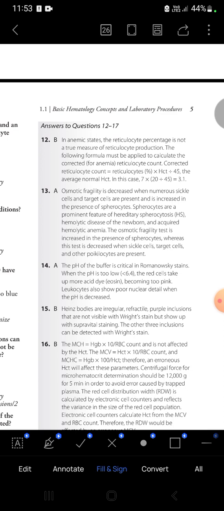The following formula must be applied to calculate the corrected reticulocyte count: reticulocyte percentage into HCT divided by 45. The average normal HCT is 45, so here it is 7 into 20 divided by 45.